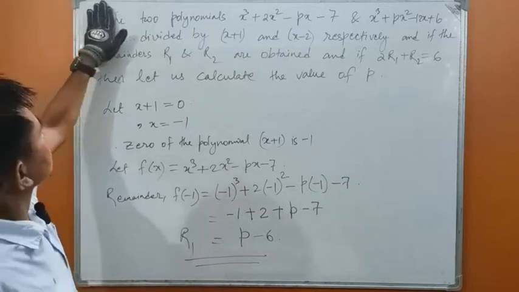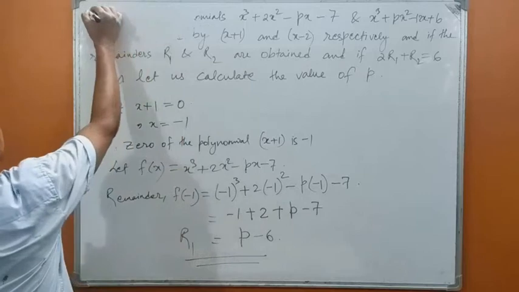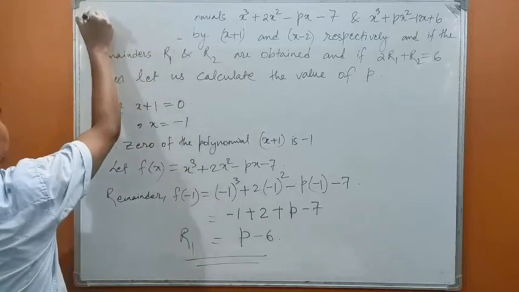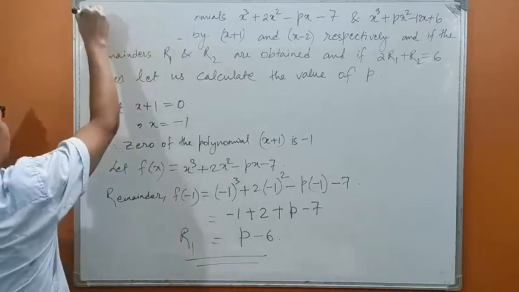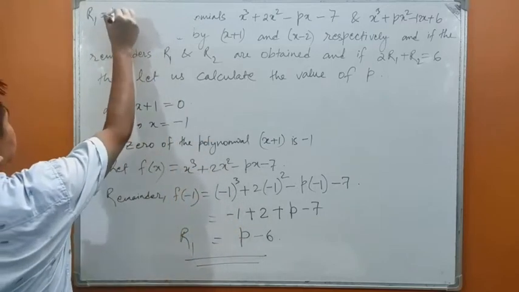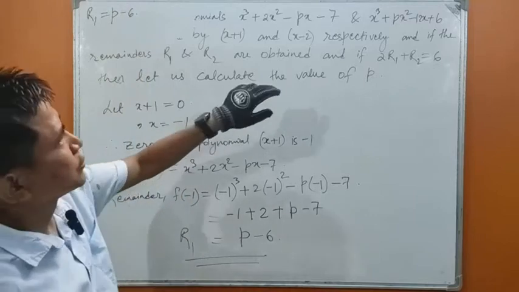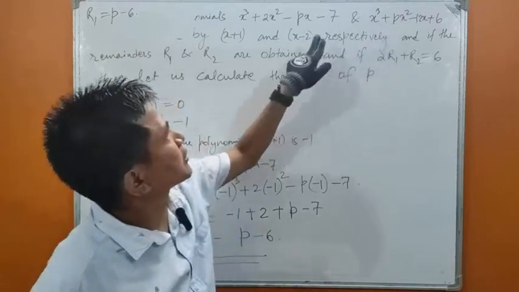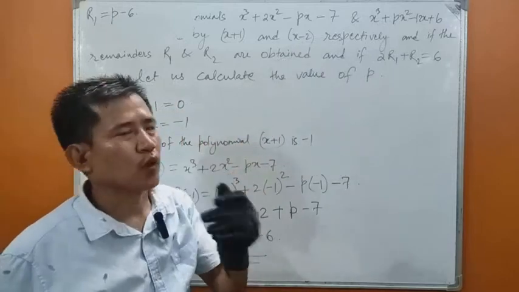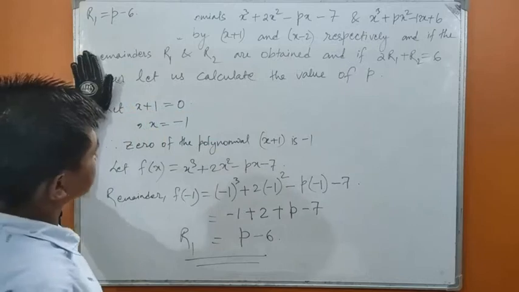I'm going to erase the upper part, and I'm going to copy this here so that I may use it later on. R1 equals p minus 6. Now let us see what the remainder is when this expression is divided by the other expression. We are trying to find out. I'm going to erase this. Please take the screenshot.